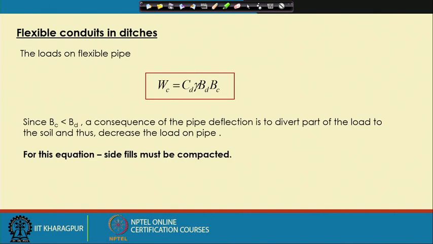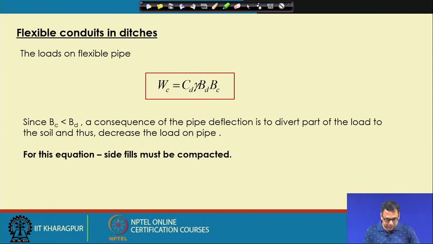Now, if it is a flexible conduit, that means your conduit is more compressible compared to the surrounding soil, then there will be a reduction of the stress. So here you can use this expression, and CD you will also get from the chart that I have given.